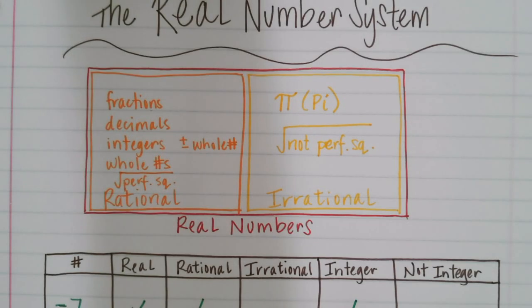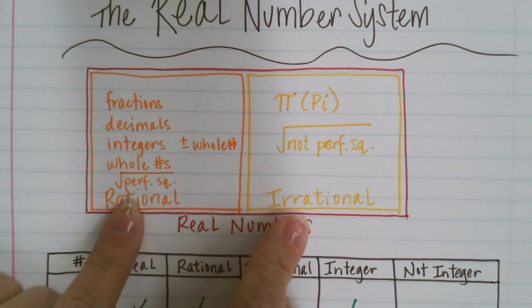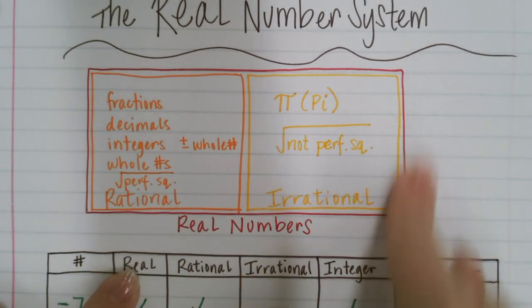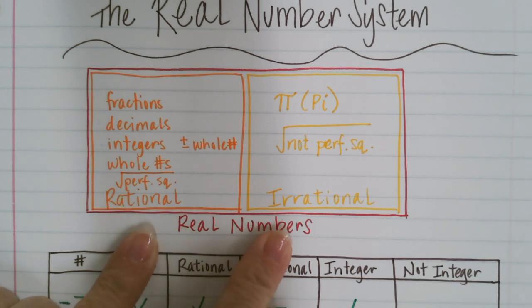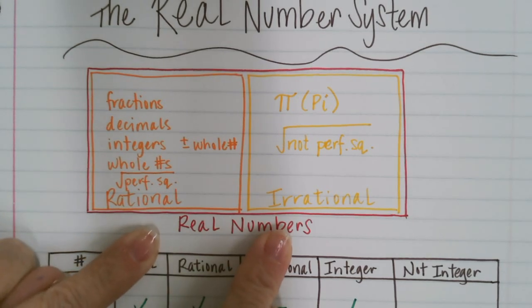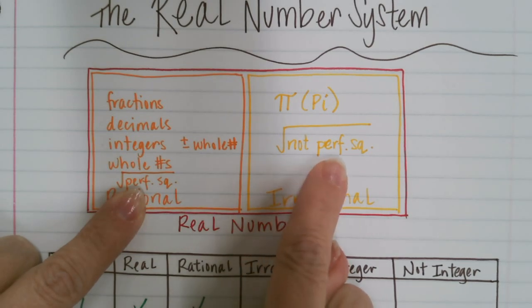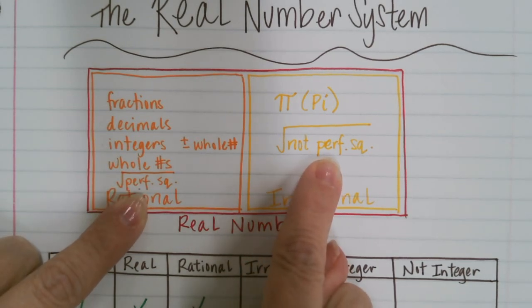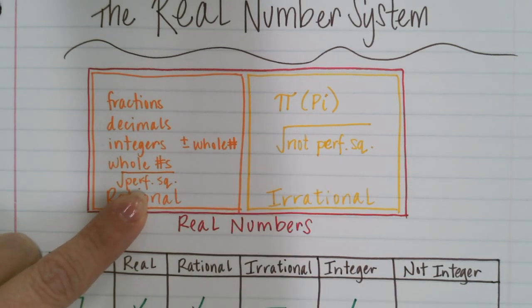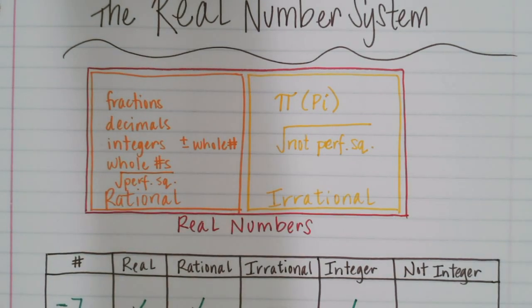Okay, well, let's look. Where is it going to fall? Because it's in this box, so we know it's real. But is the square root of 36 here or is the square root of 36 here? Well, is the square root of 36 a perfect square? Well, let's think about it.